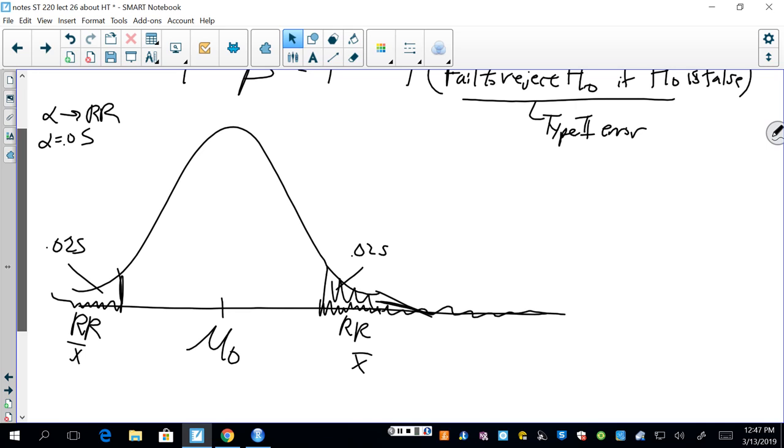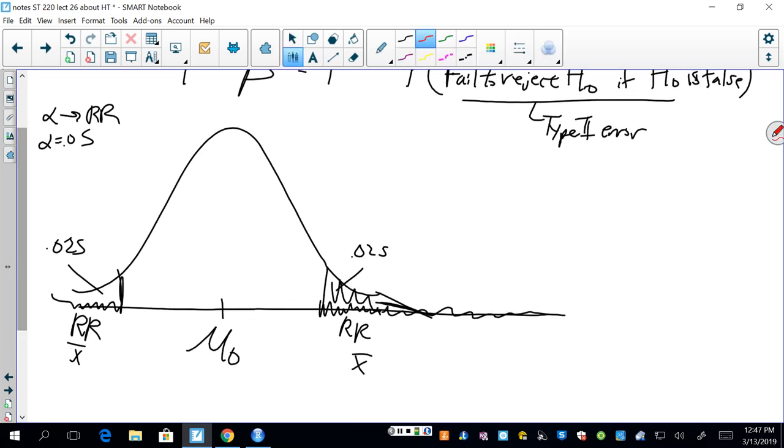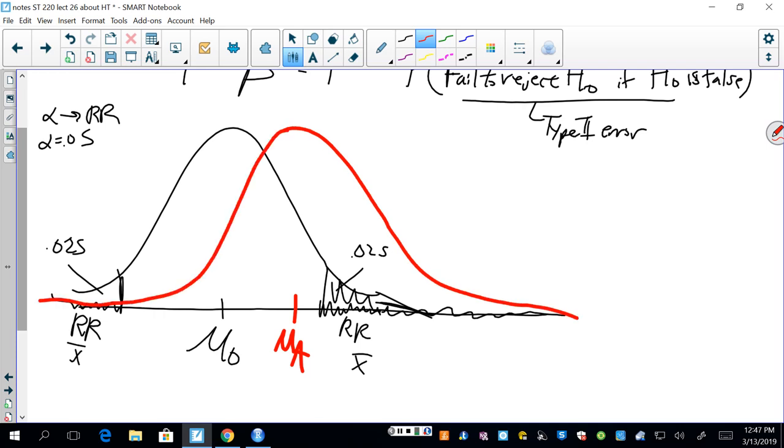Now what power is: if H0 is false, and let's say we have a mu sub A here, if that's the truth, then our sampling distribution is going to be different. It's going to be centered over there, and really small on this side. And power is going to be the probability we're in that rejection region, but under the red curve. So power, in this case, is this little area, which is almost all on one side.